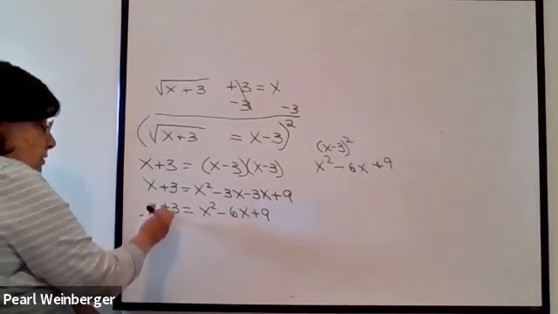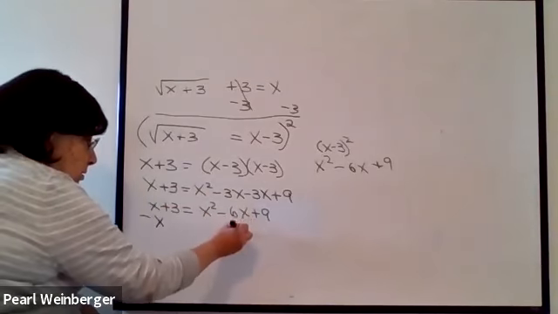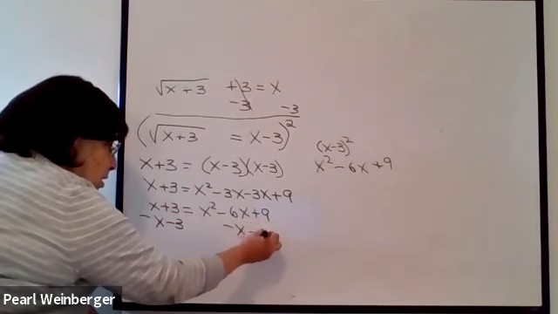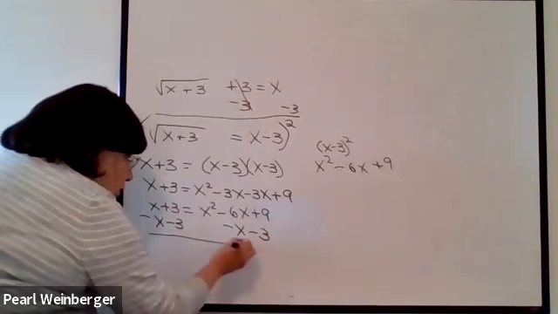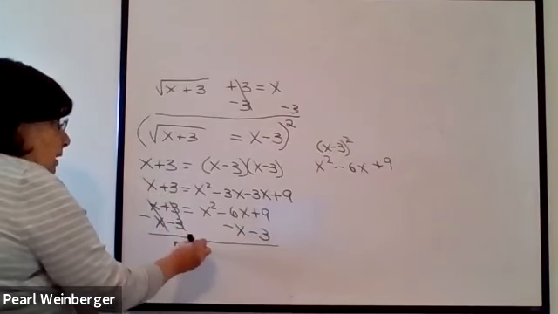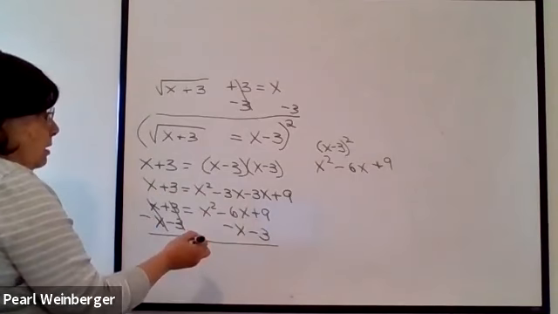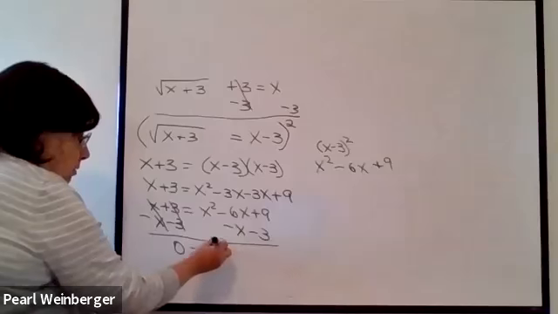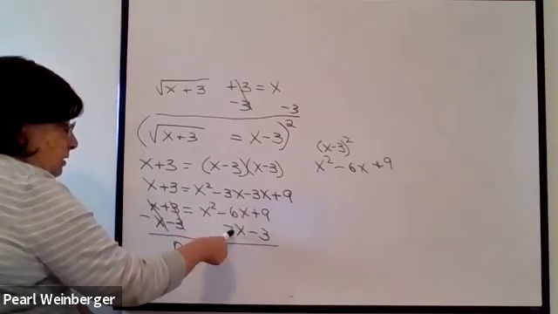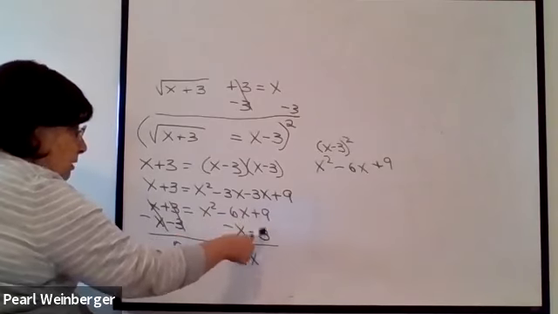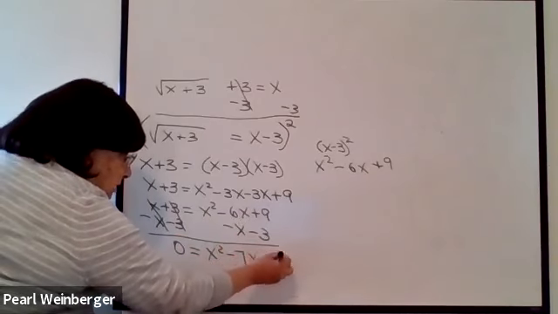So I'm going to subtract x from both sides, and subtract 3 from both sides. And this will be 0, and this will give me x squared, negative 6x and negative x is negative 7x, and 9 minus 3 is plus 6.